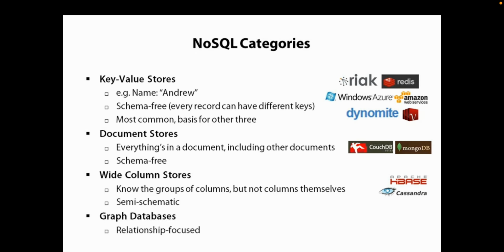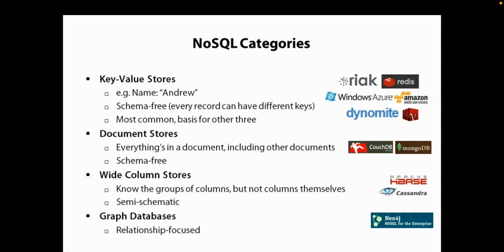Graph databases are the last type and probably the most specialized. They really focus on the relationships between entities rather than especially being focused on the representation of the entities themselves. There's a product called Neo4j that is the one that comes up again and again when you're discussing this category.